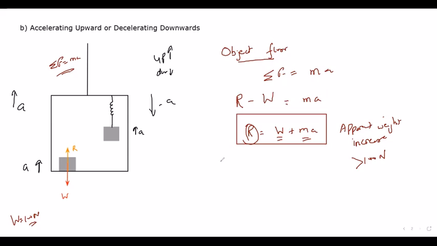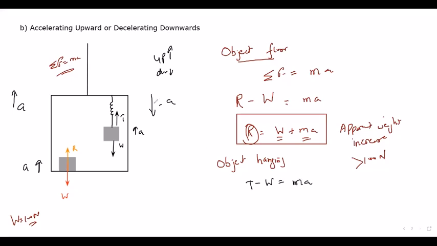In the same way, consider the object which is hanging or suspended by a string or a wire. If we draw the free body force diagram for this object, the weight is acting downward and the upward force is T. So it will be T minus W is equal to ma.